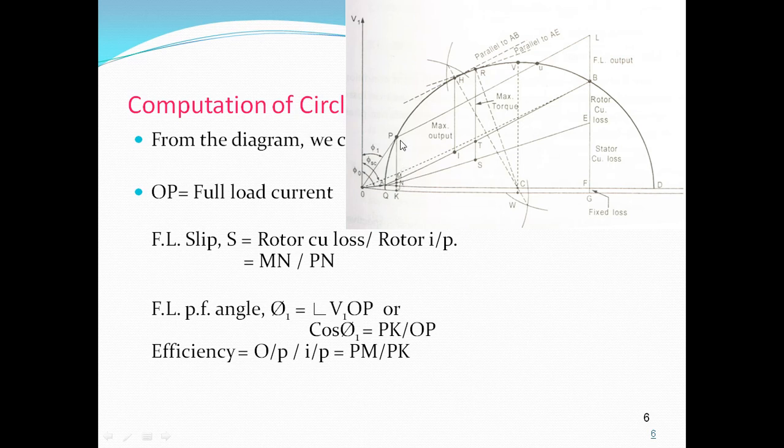How do we draw this line? First we have to add the output to the losses, that is BL.